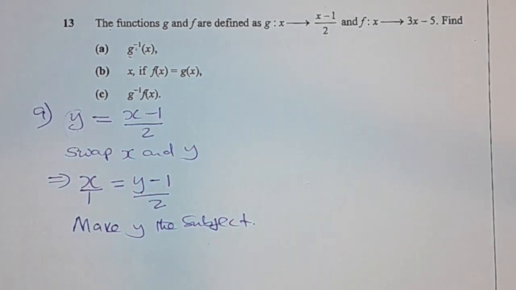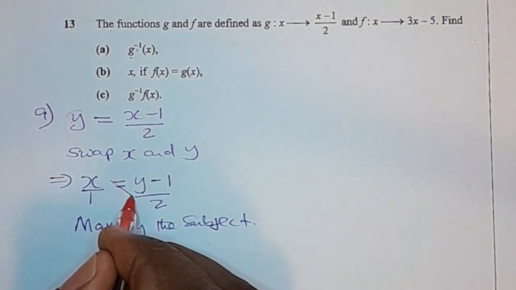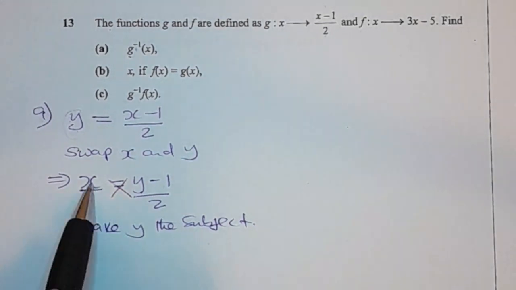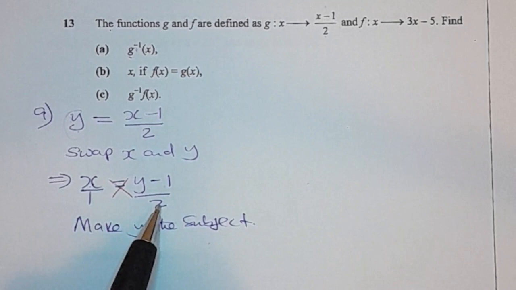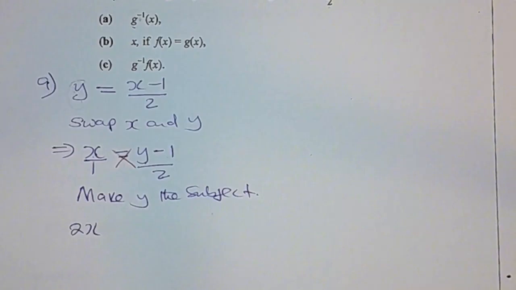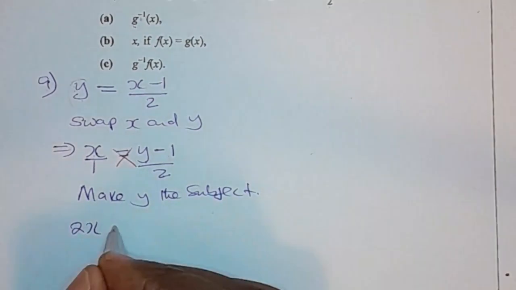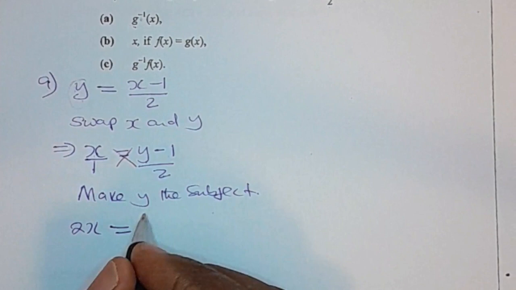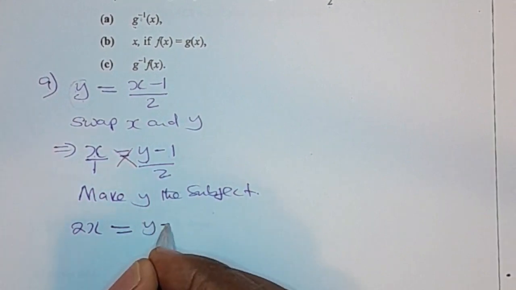At this point, you are going to cross multiply. So x times 2 will be 2x, is equal to 1 times y minus 1, which is y minus 1.